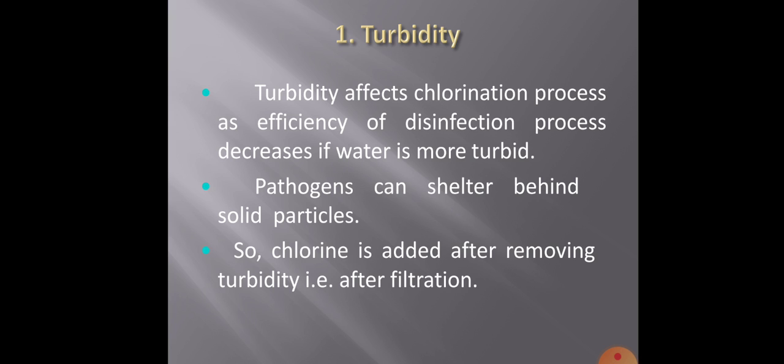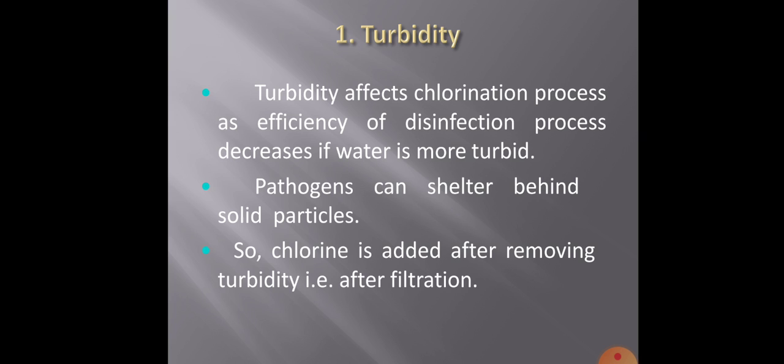The effect of turbidity is that it makes it difficult to obtain free residual chlorine. Whenever the turbidity is high, it is difficult to obtain the free residual chlorine that is present in water.